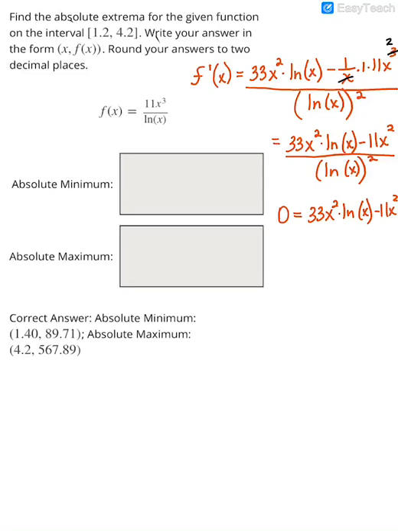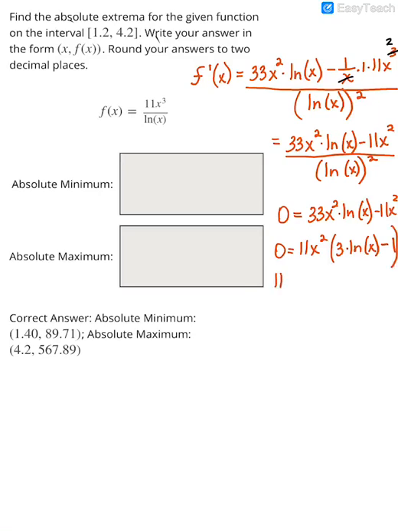I'm going to factor, so notice both terms have a factor of 11x squared in common. When I factor that away from 33x squared, that's going to give me a 3, times the natural log of x, and then minus, when I factor it away from 11x squared, I'm just left with a factor of 1.